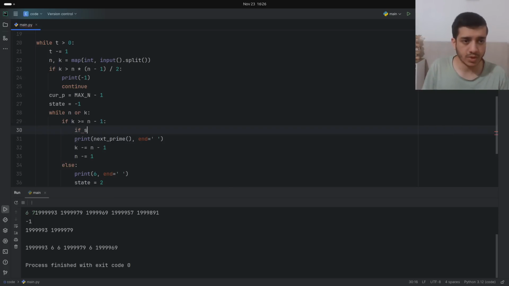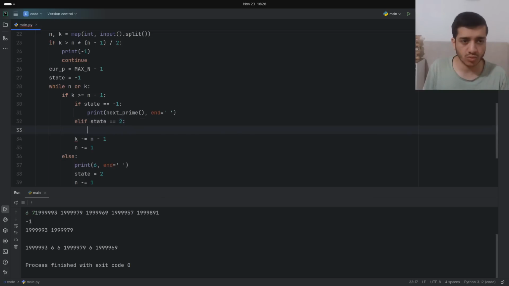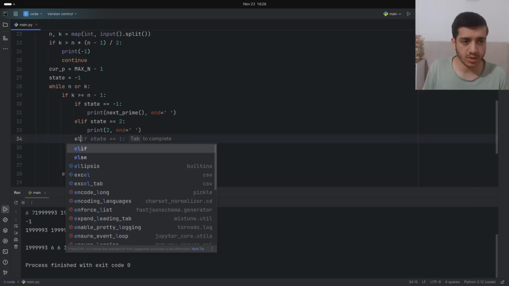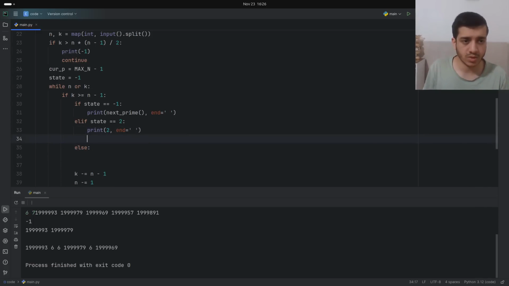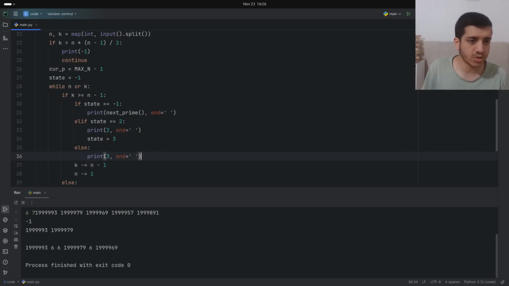If the state is -1, do like this, else if the state is 2, print 2, and then else state is 3, print 3, and don't change the state.